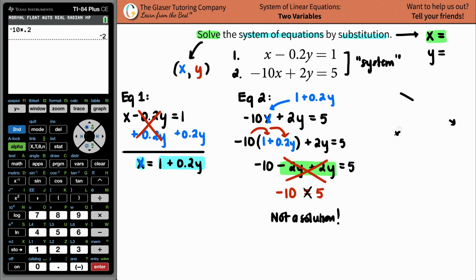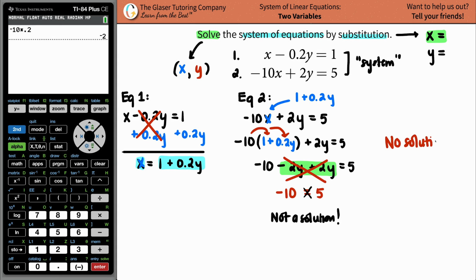That means, do these lines come into contact with each other? No. They might be parallel lines and they never cross each other, which means that there will not be a point that this line has in common with the other, because they never touch. So by us trying to solve and losing our variable, and saying that negative 10 doesn't equal 5, we actually did get our answer, because there is no solution for this one.